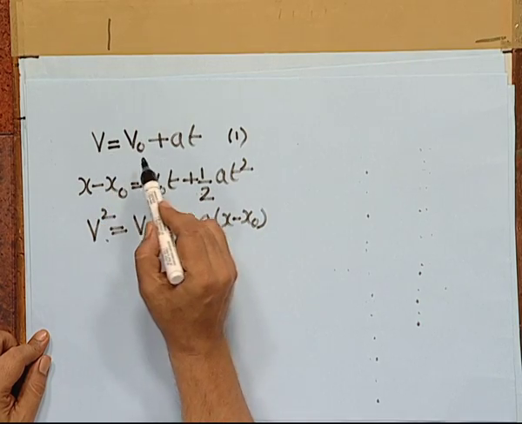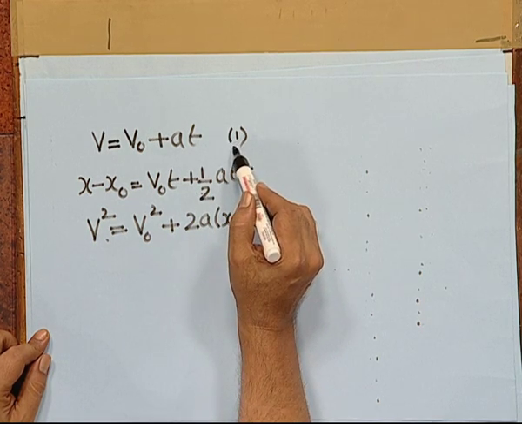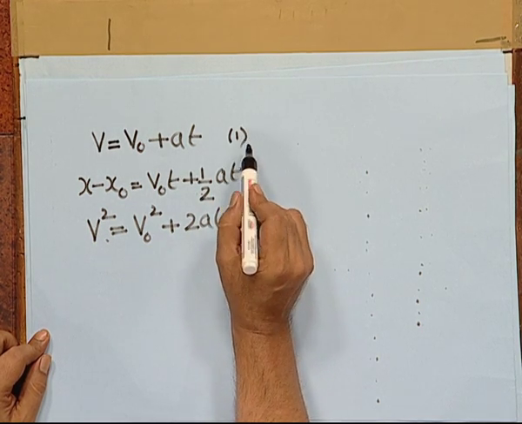Now, these are the relationships involving various variables like velocity, acceleration, time and change in position coordinate. The velocity variation with time is v equals v naught plus a t, which is one of the equations of kinematics for the constant acceleration case.